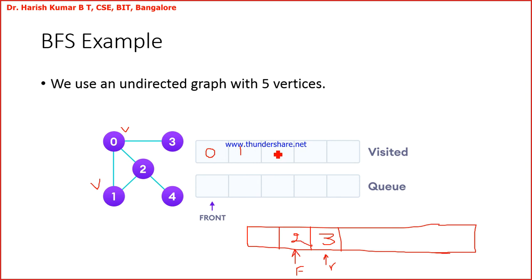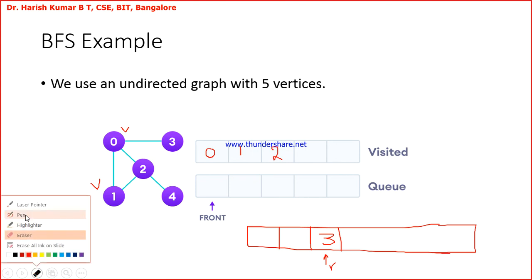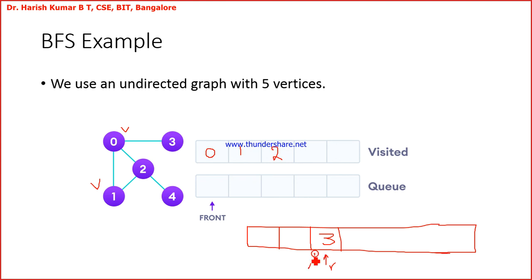Next node to visit is 2. Now 2 is removed from here and front is pointing to 3. Now I have to see the adjacent nodes for 2. Adjacent nodes for 2 are 0, 1 and 4. 0 and 1 are already visited.